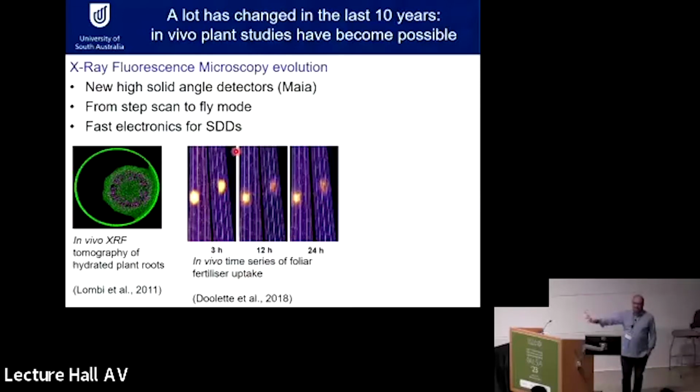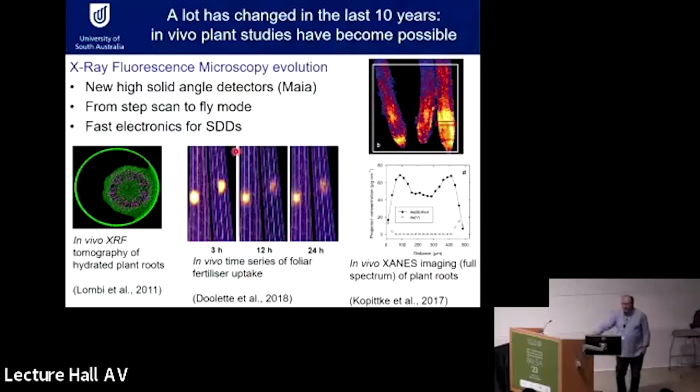And the plant was living in hydroponics even while scanning. And so you can do this time series in an in vivo system. And of course, as we heard yesterday, we can do in vivo imaging again to have a speciation mapping, if you want, using these fast techniques, but again with an in vivo system.